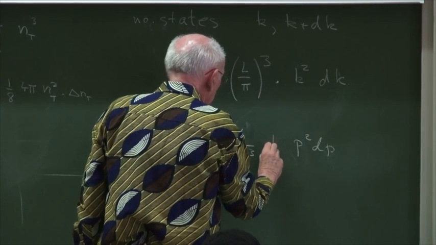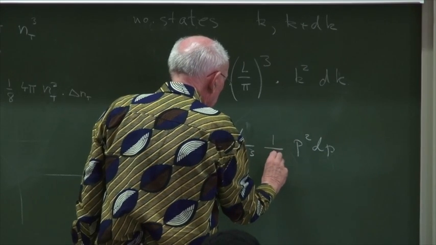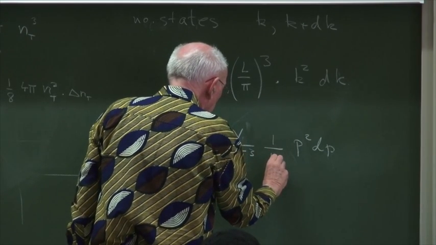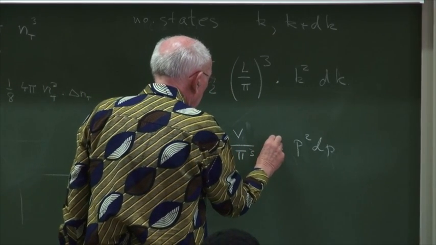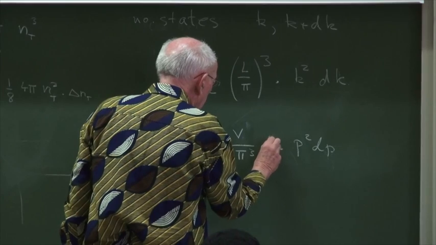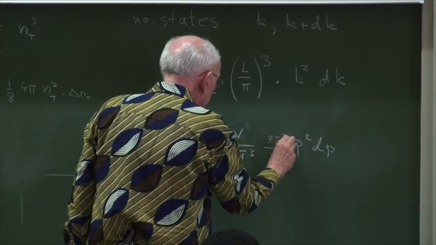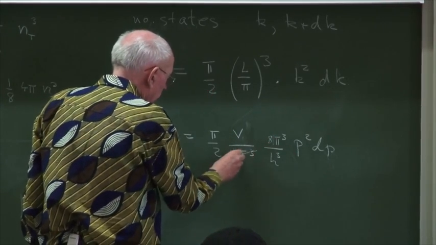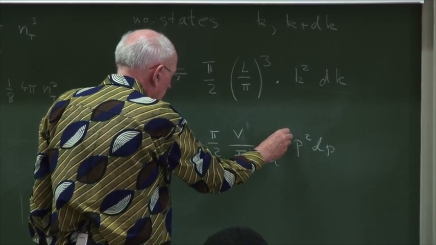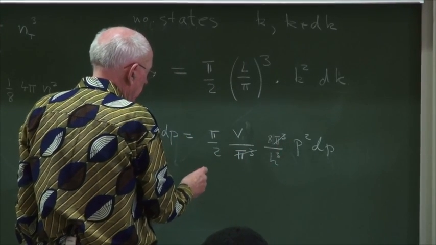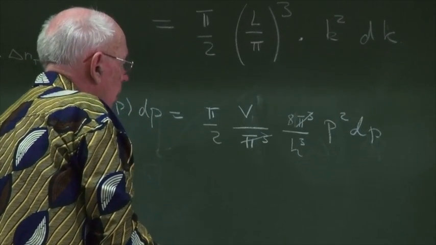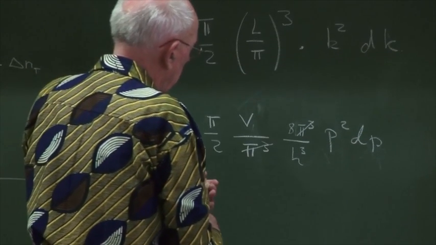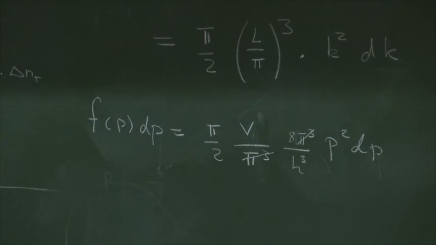I have to put in 1 over h bar cubed, which means 1 over h cubed, and then 8 pi to the third. And now I can divide that out, and I get... I don't think that's correct. I made a mistake somewhere.